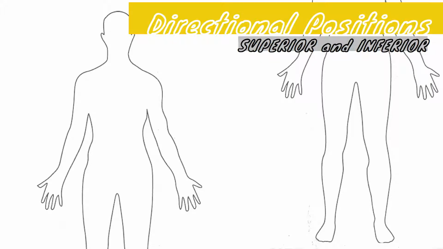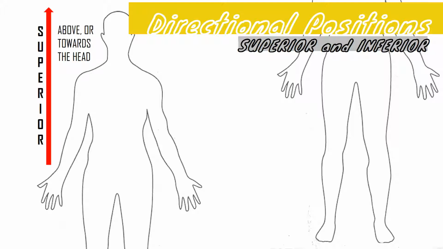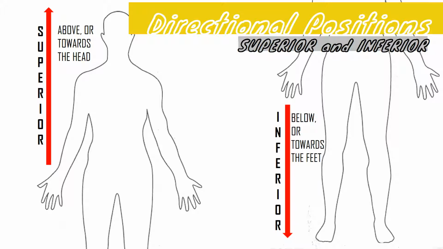So the next terms we're going to be discussing is how to describe up and down the body. To describe it, we're going to use the terms superior and inferior. The term superior means above or towards the head, whereas inferior means below or towards the feet.